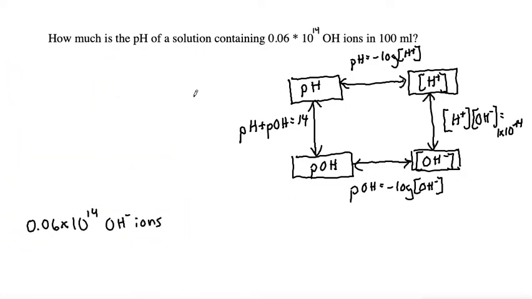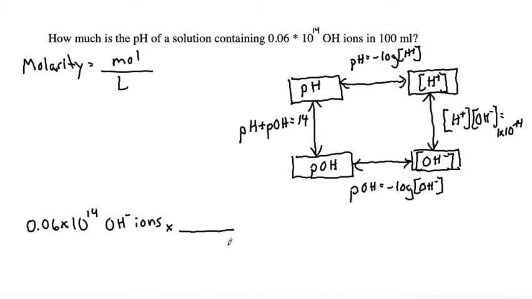Let's first convert that to moles, because molarity is moles of something over liters. So instead of number of ions, we need to find out how many moles that would be. And then we also need to convert the 100 milliliters to liters.